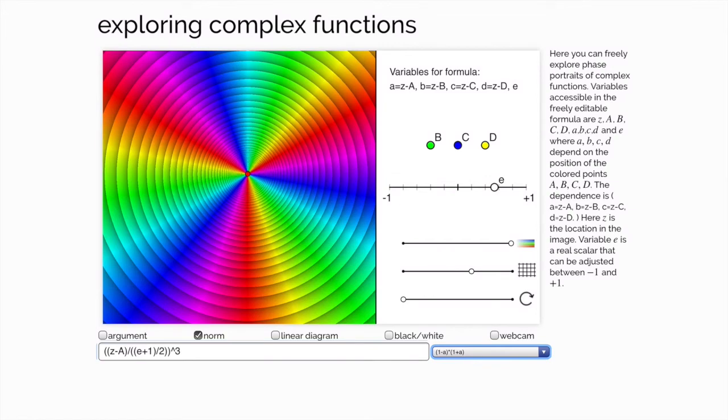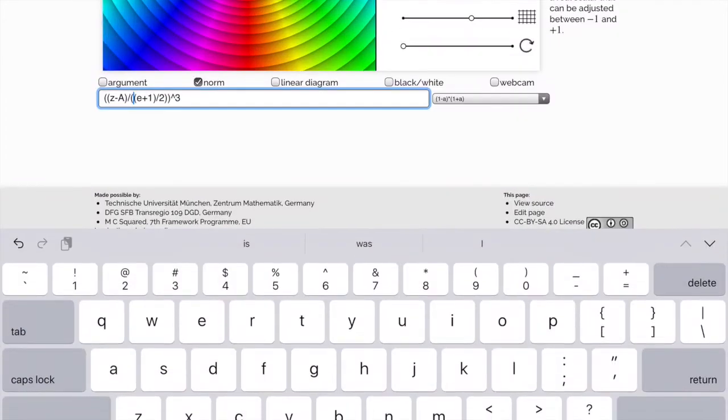Now let's put in the Binet formula. One thing that they permit us to do here is to just type lowercase a instead of z minus a. So this whole thing stands for z.